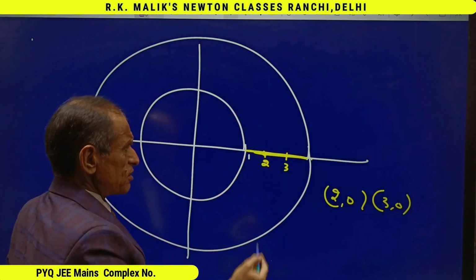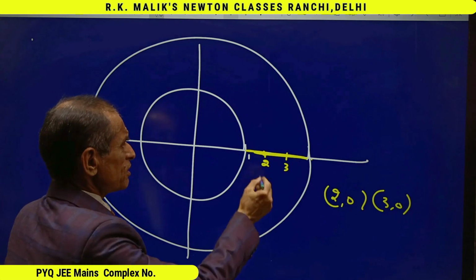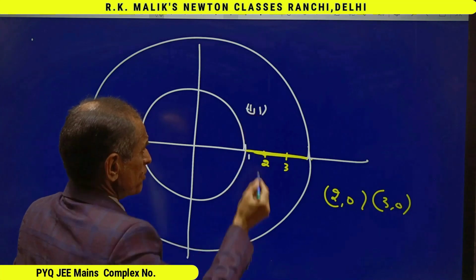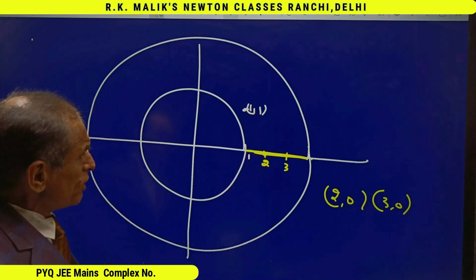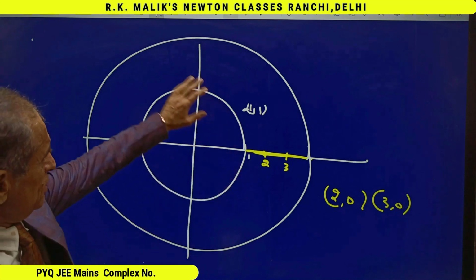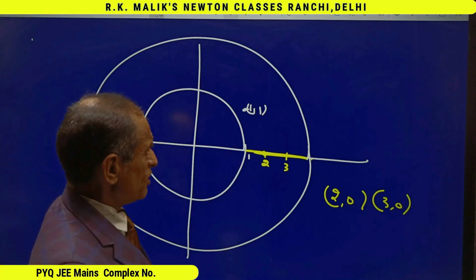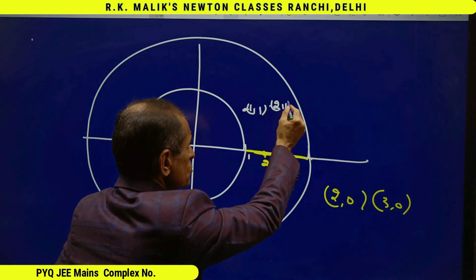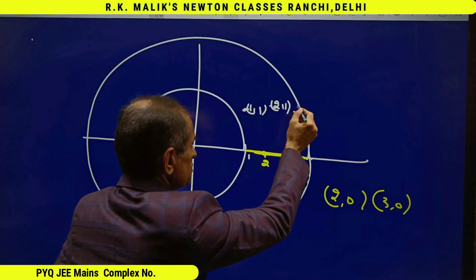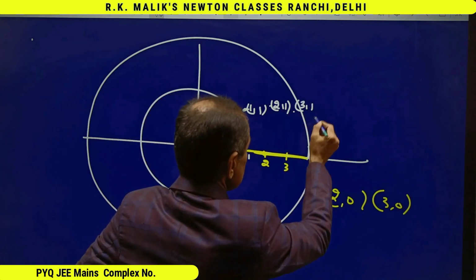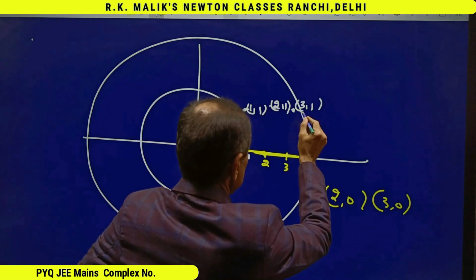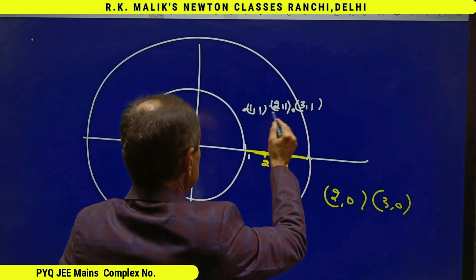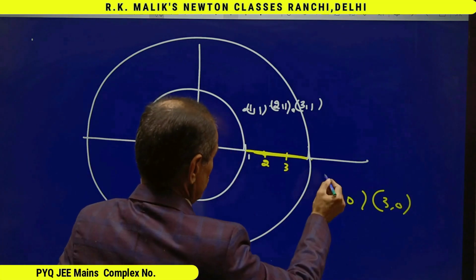After this and this, more integral points will be, from here I can say (1, 1). (1, 1) is also an integral point in this region. The next integral point is (2, 1), and next is (3, 1). I can surely say that (3, 1) will also lie in this circle because the distance of (3, 1) from origin is less than 4.